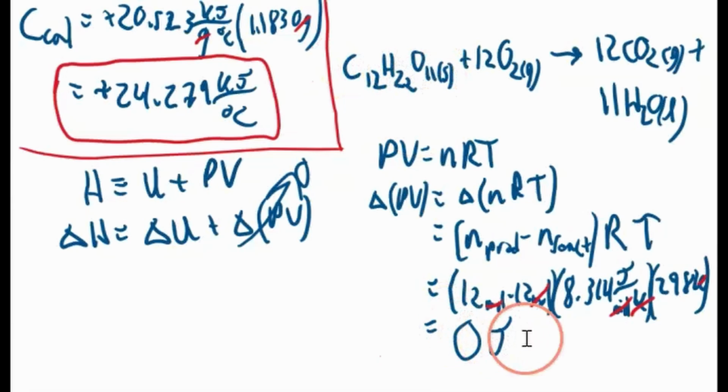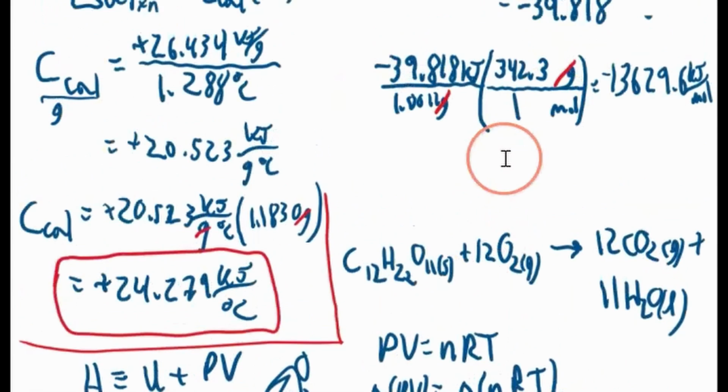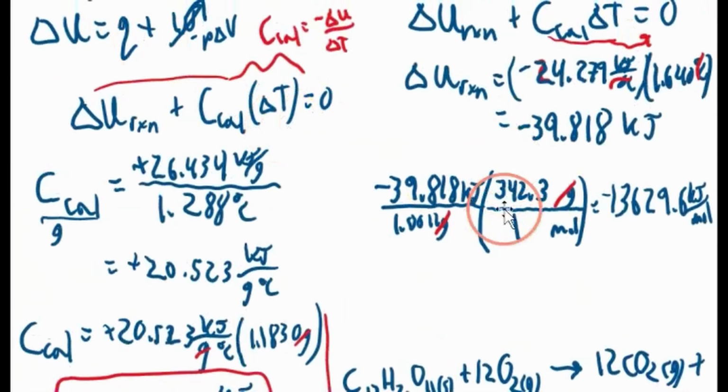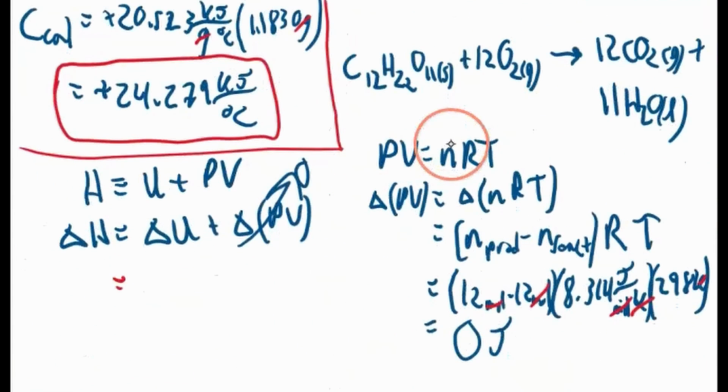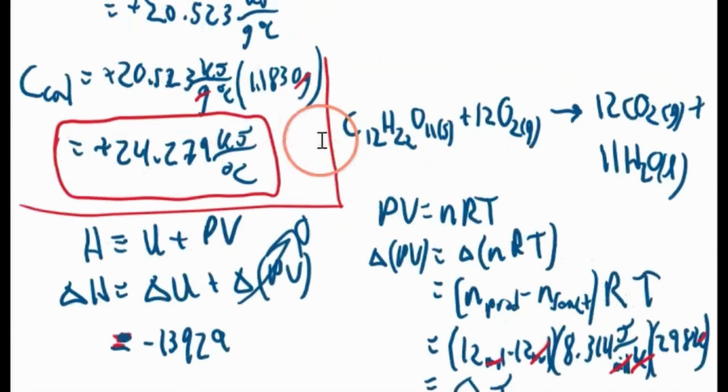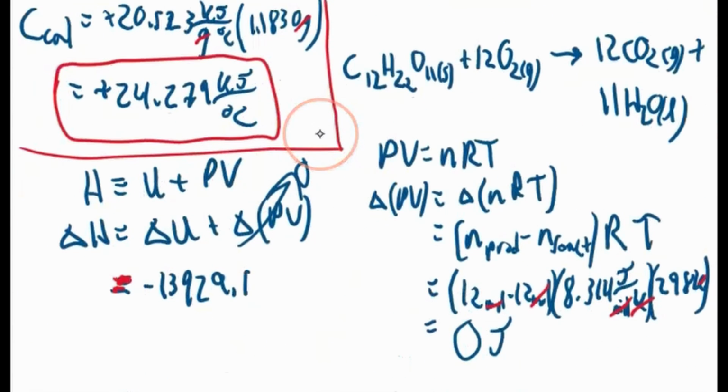So you would plug this number in as per 1 mole of sucrose. And our internal energy is right here. This is per mole of sucrose as well, negative 13,929.6, yep, 929.6 kilojoules per mole.